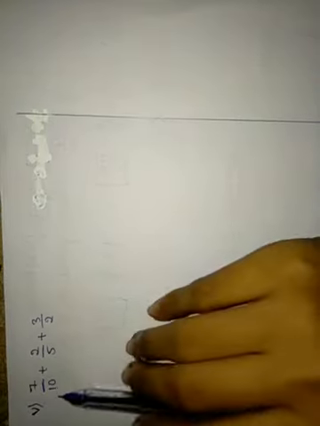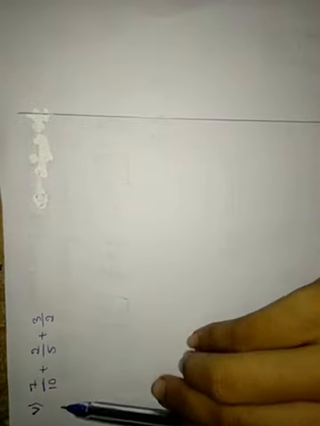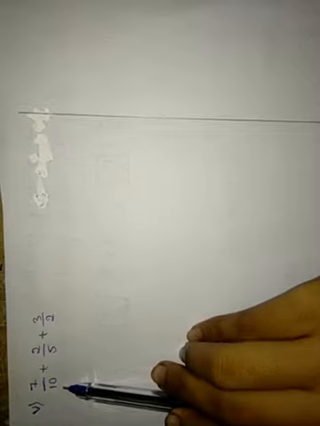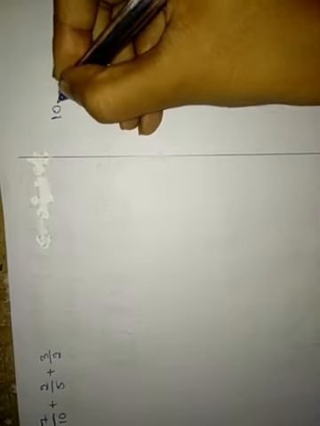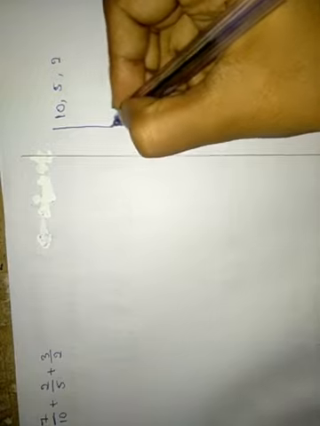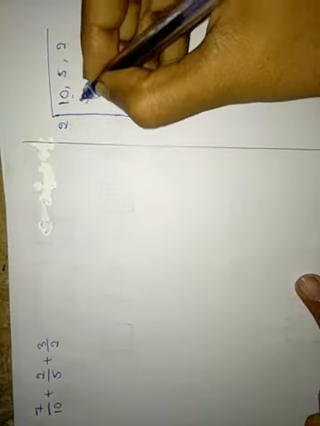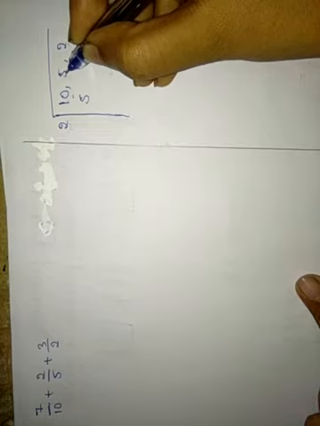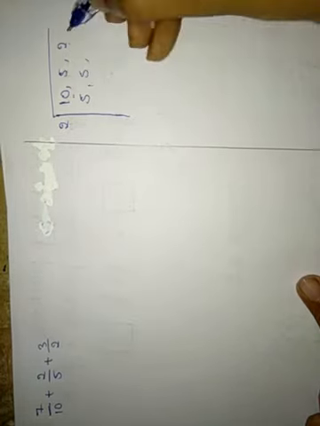Fifth question. 7 by 10 plus 2 by 5 plus 3 by 2. Now we have to take LCM of these three numbers, right? I will take here 10 comma 5 comma 2. We'll take LCM. 2 5s are 10. 5 will not go under the table 2, so I will keep this 5 as it is.